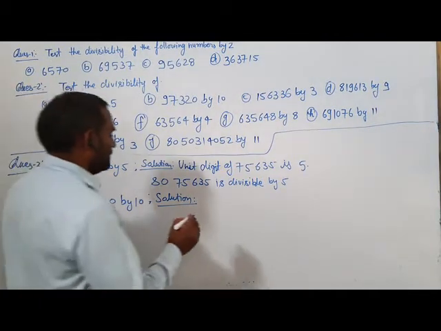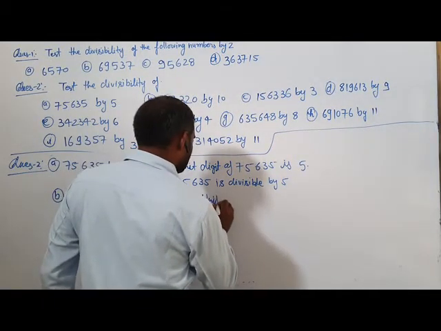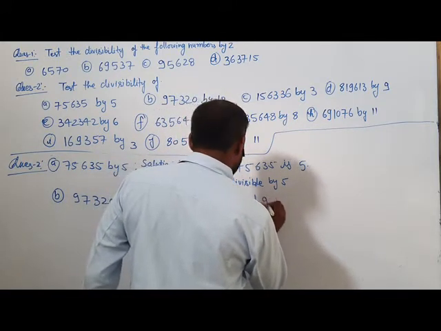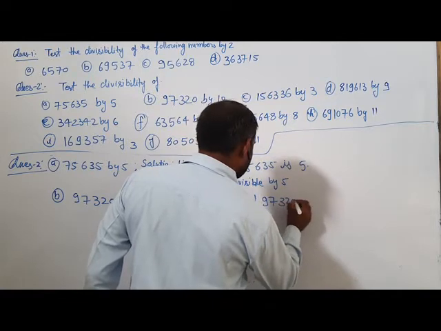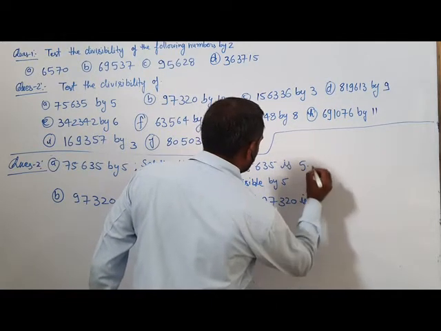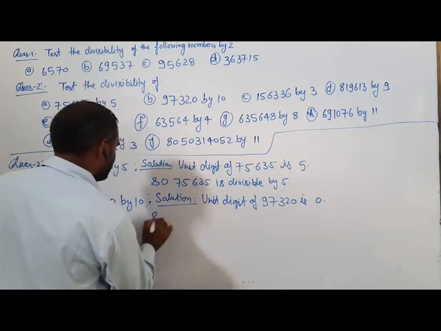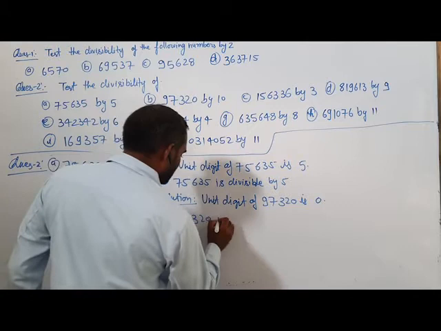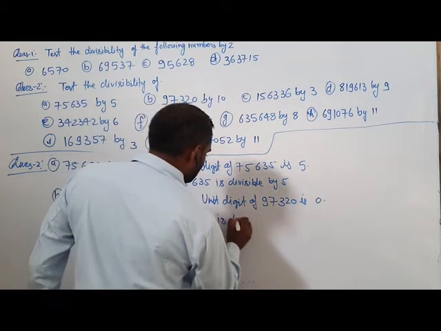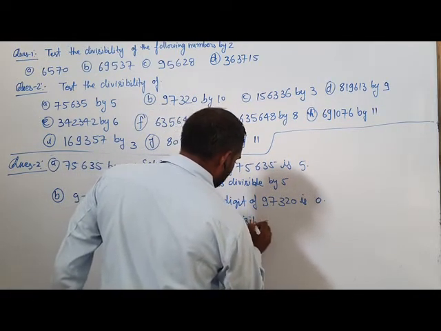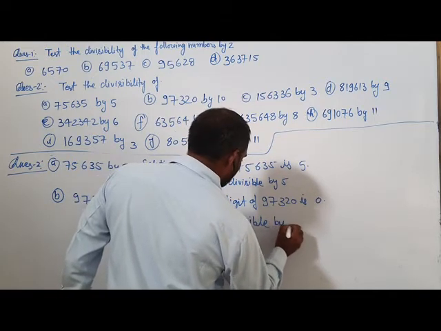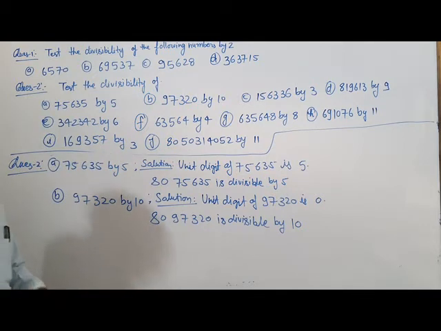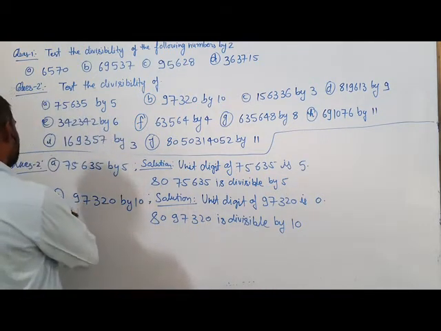So you can write the unit digit of 97,320 is 0. So 97,320 is divisible by 10.